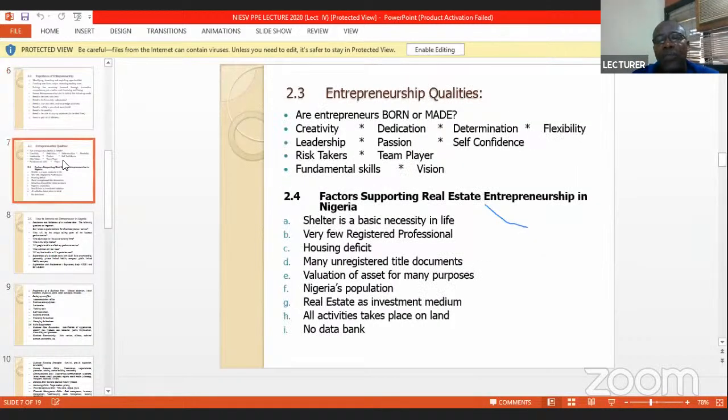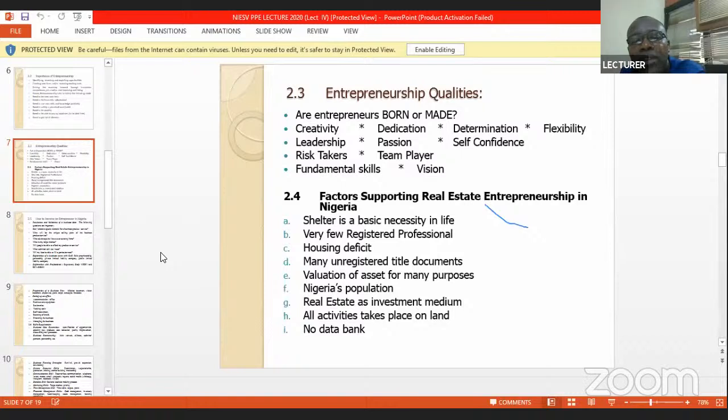The qualities of an entrepreneur. And life not finished, questions often arise. Are entrepreneurs born or made?